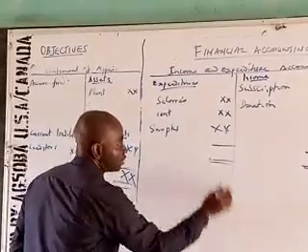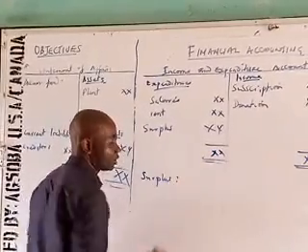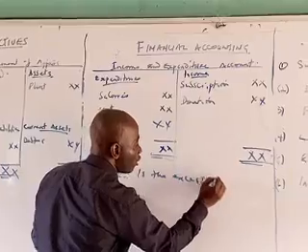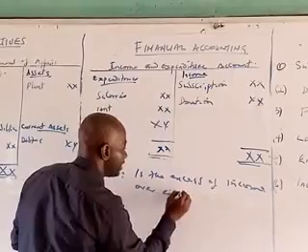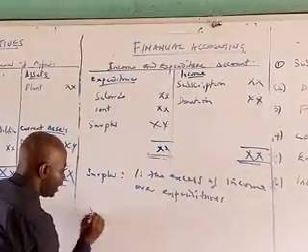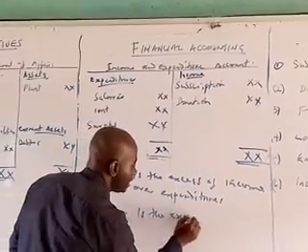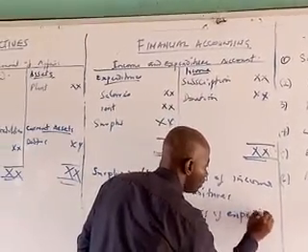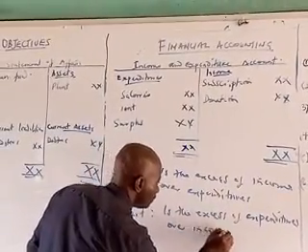So let me just write short note here. Surplus is the excess of income over expenditure, whereas our deficit is the excess of expenditure over income.